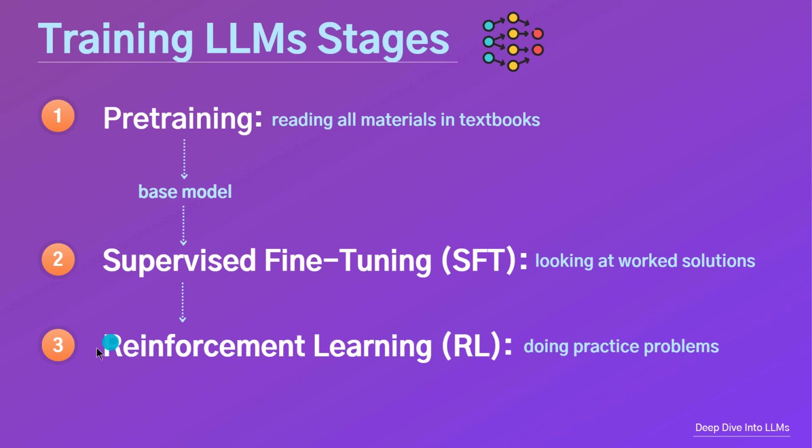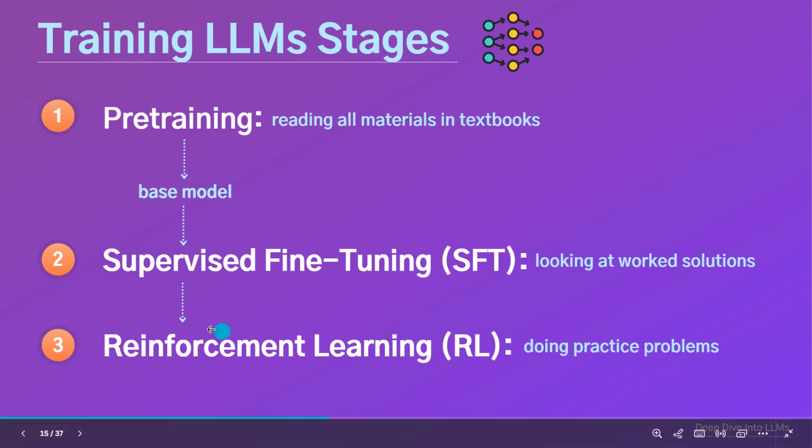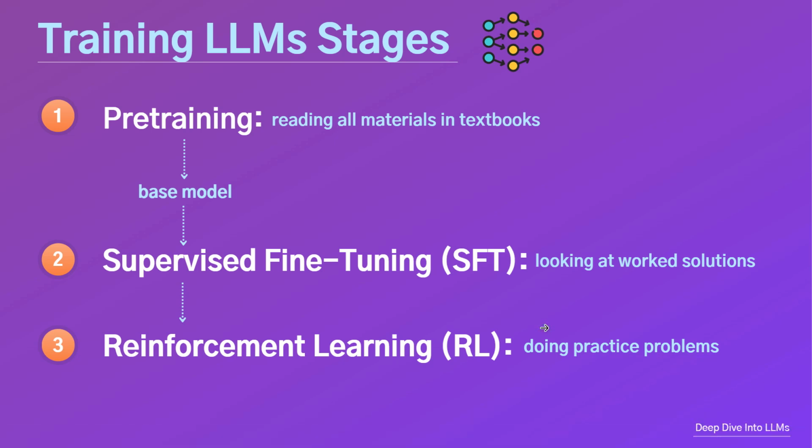The third and final major stage is reinforcement learning, which is like doing practice problems in a textbook where you are given the problem description and the final answer, but not the step-by-step solution. In this stage, the LLM gets to practice generating responses and refine its behavior based on feedback.